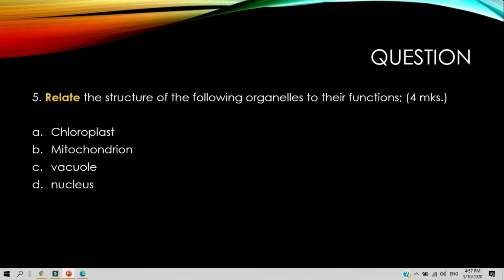My question to you, would the boat be able to sail on the road where there is no water? Of course not. Would the car be able to drive across the sea without any modification? Of course not. So these are examples of the relation of structure to function.